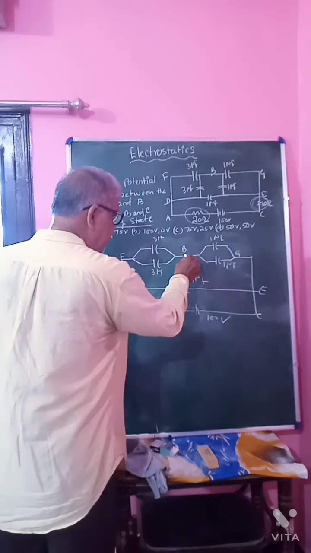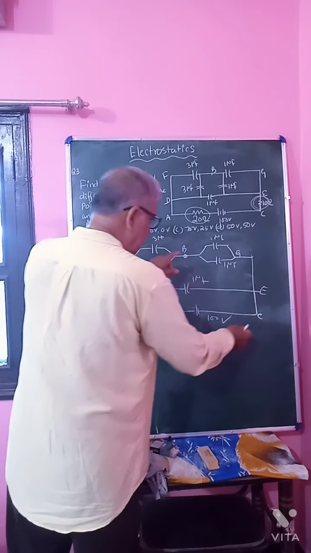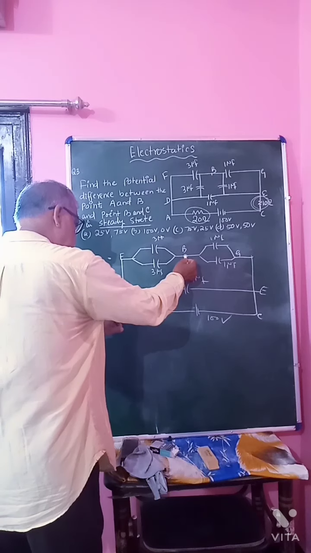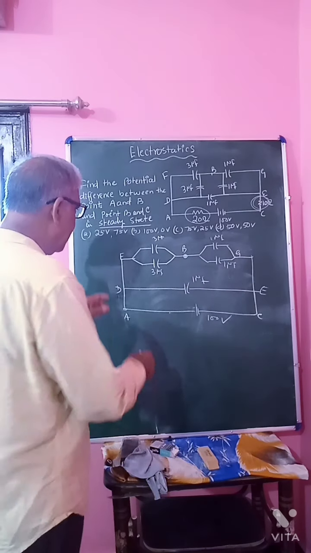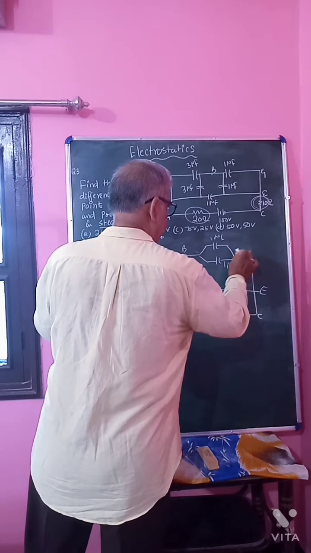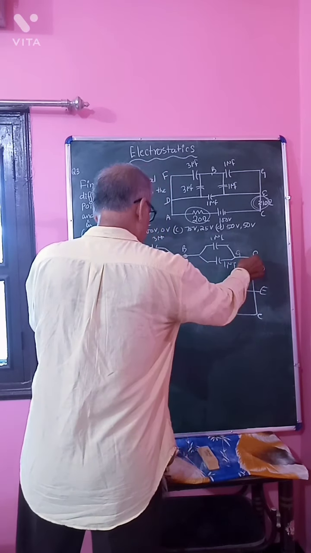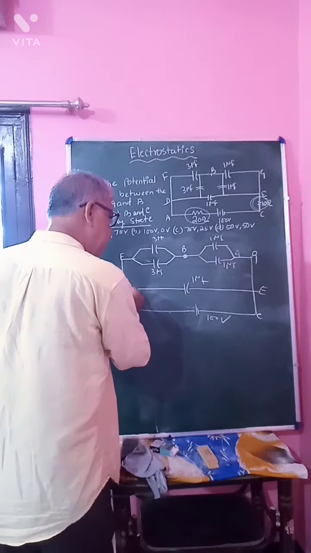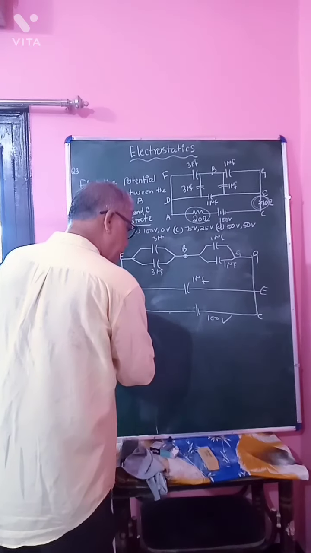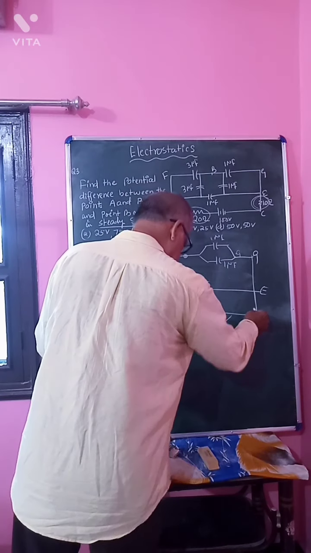You have to find the potential difference between points B and C, and between points B and A. Now the potential difference between points E and G is 100 volt. Between points D and E it is 100 volt. Between points A and C it is also 100 volt.